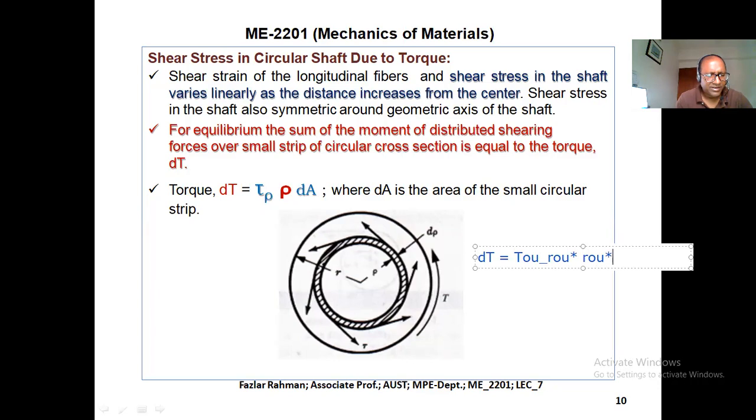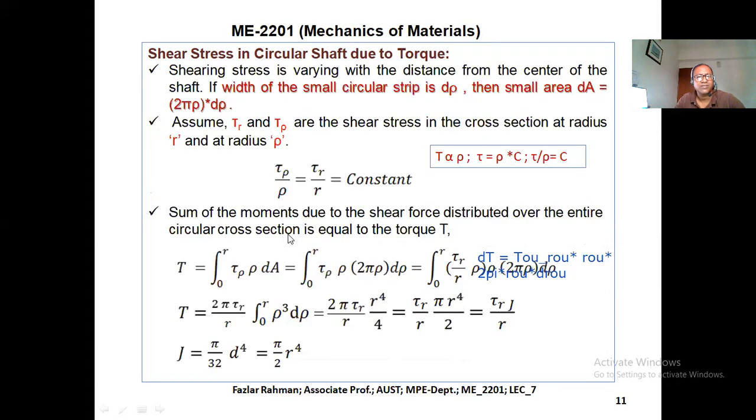What is dA? 2 pi rho into the thickness. What is the thickness? d rho. Now, if you integrate both sides, then you will get the value of torque. That we did over here. The integration from 0 to r.